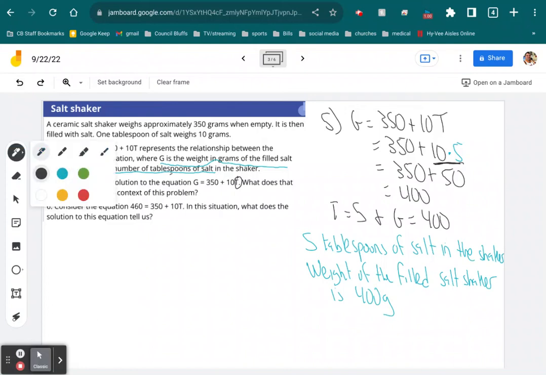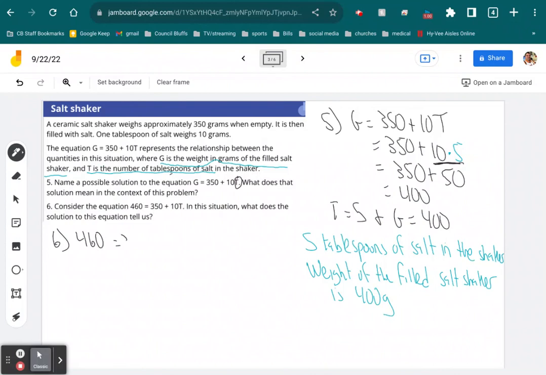One more question here, and then we're done. Number 6, consider the equation 460 equals 350 plus 10T. In this situation, what does this equation tell us?